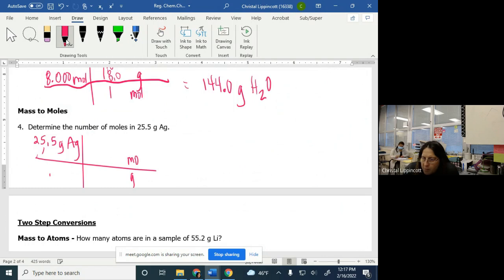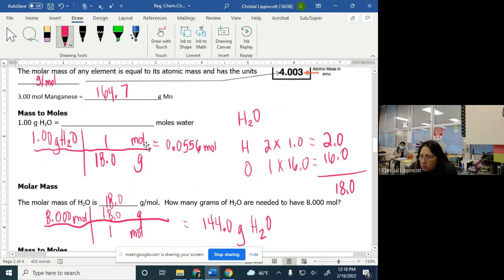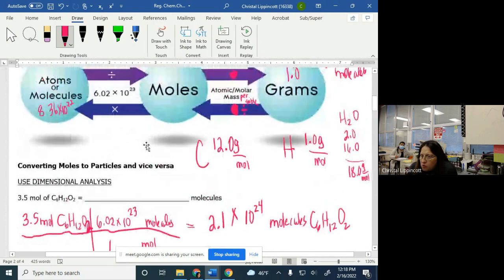Grams, moles. Where am I going to get my gram value from? Where does this come from? Where am I going to find this? Where did I say up here that we're going to find that information?